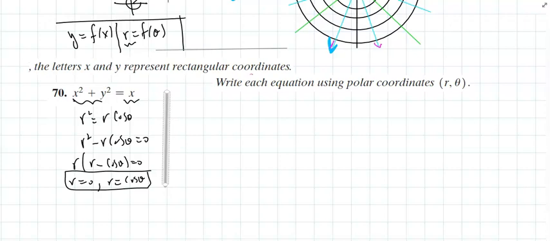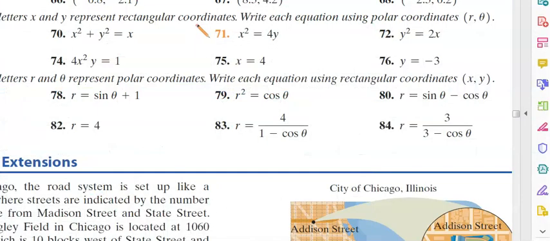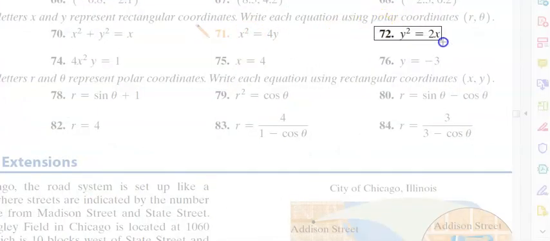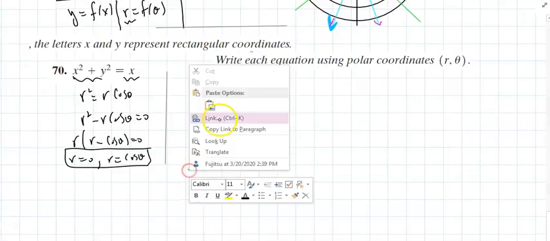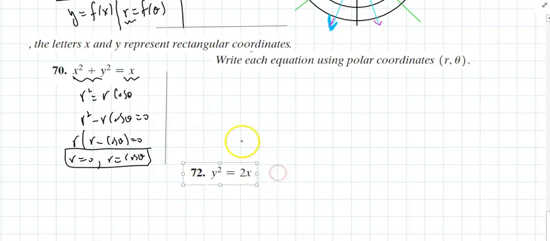If I would go ahead and look at another problem, something like number 72. So converting, there are four formulas. Let me remind you of what that is really quick.